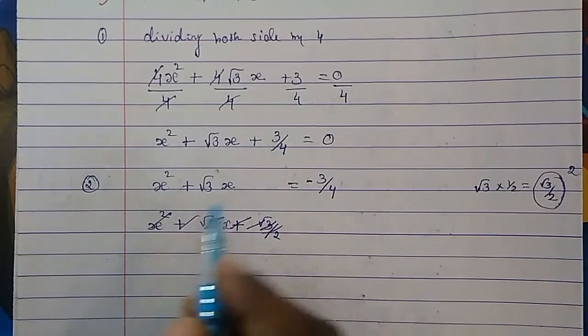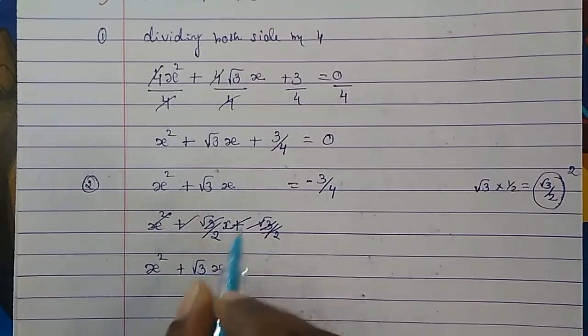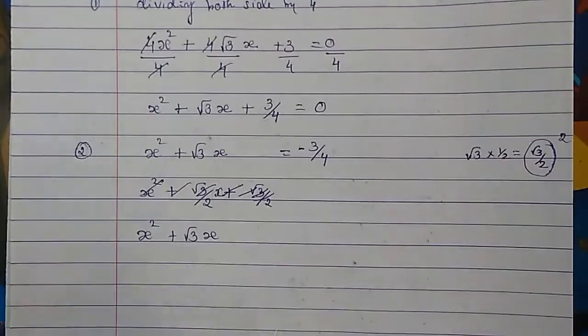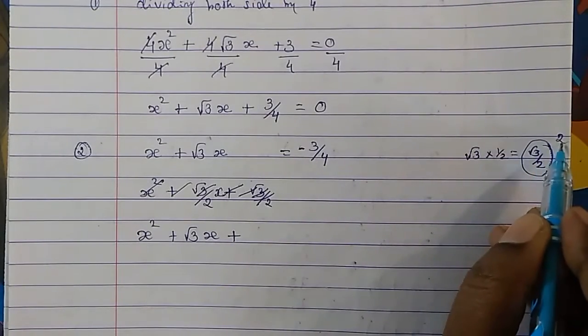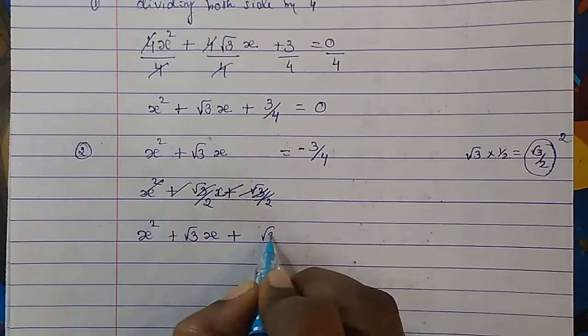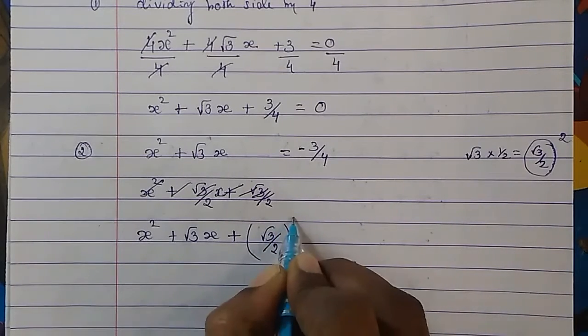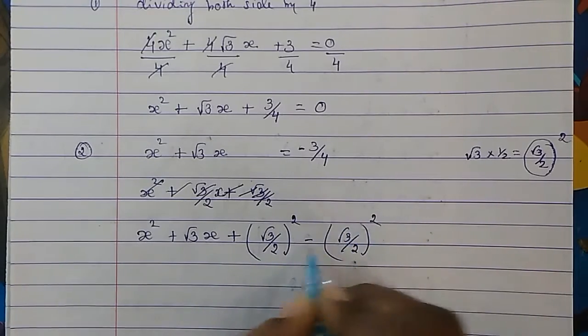What you have to do is, this part you keep as it is. So now, whatever you got here, once you will add and once you will subtract.